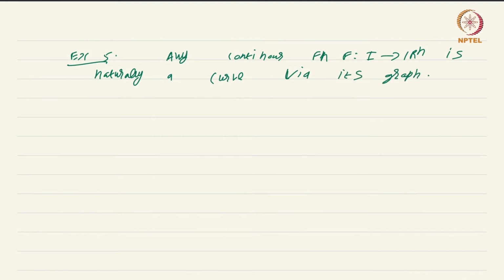That is, look at the map t going to t comma f of t. This is a curve in Rn plus 1. So whenever you have a continuous function from an interval to Rn, you can view its graph in a natural way as a curve. And this will be a simple curve as well. So this is a good thing to know.